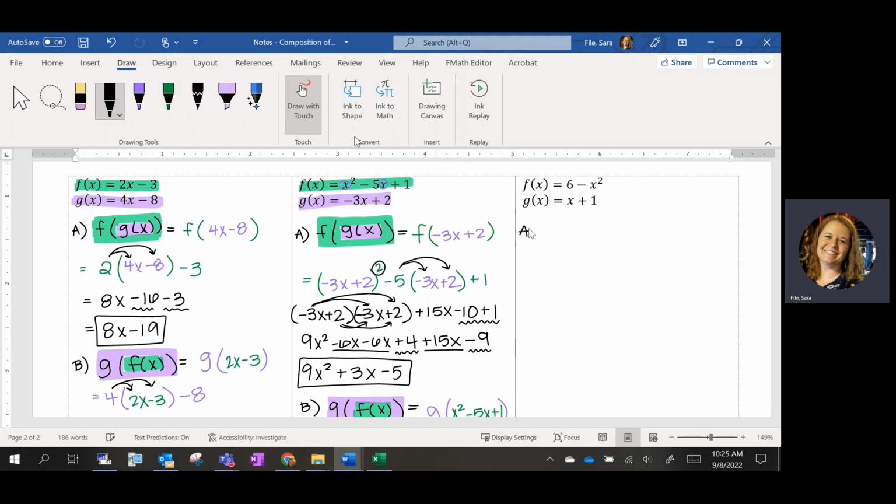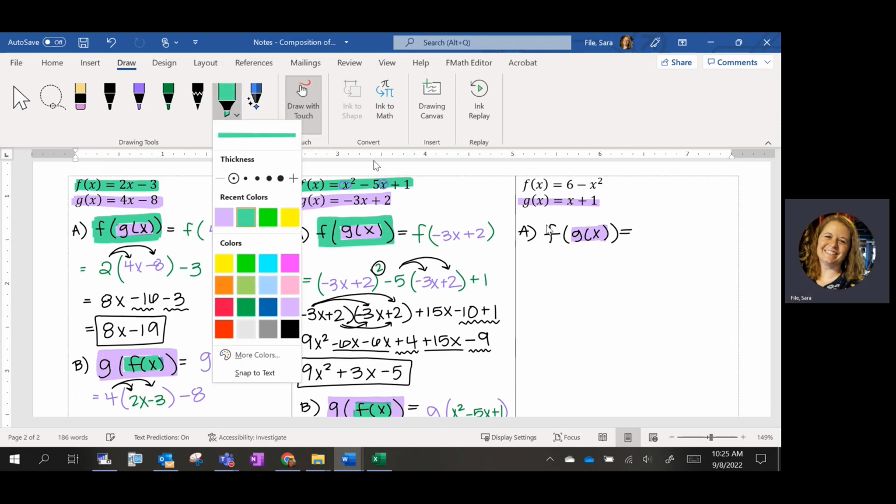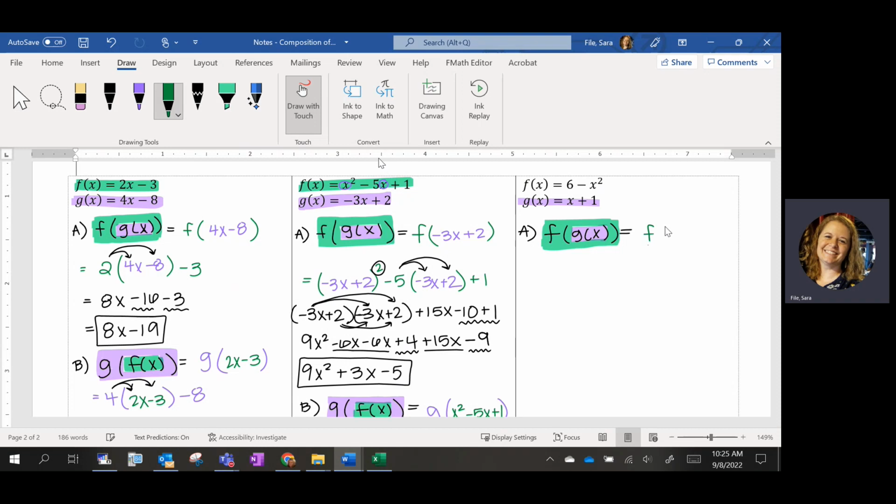Okay, so let's go ahead and try this one out. So we have f of g of x again. I'm highlighting. So g of x is the input for part A. The f function is on the outside, and I'm inputting the g function, which is just x plus 1 this time.